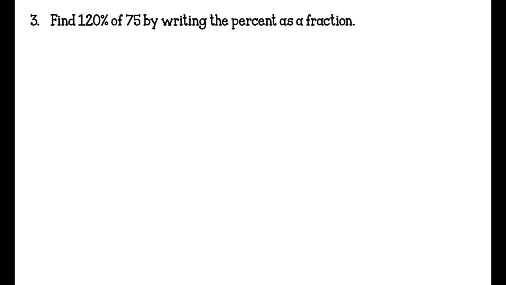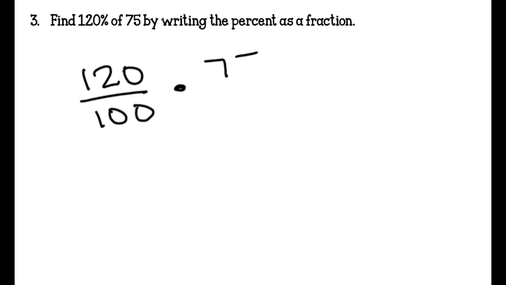Number 3 says find 120% of 75 by writing the percent as a fraction. So I write 120 over 100, then times 75 over 1. And then I look and see if I can cross reduce. 25 goes into both 75 and 100. 25 goes into 100 4 times, and 25 goes into 75 3 times.